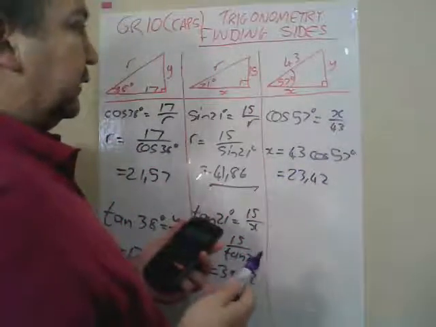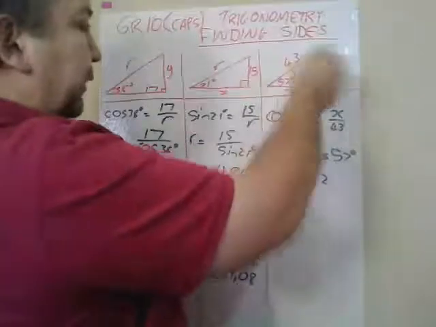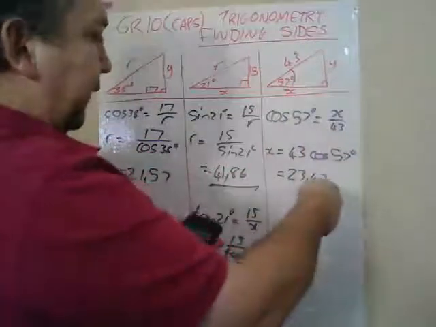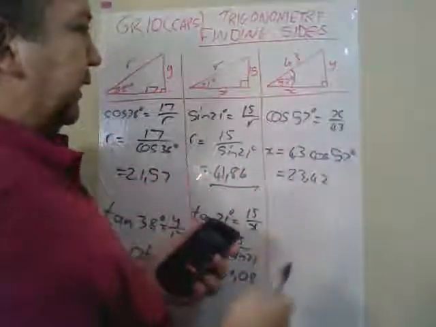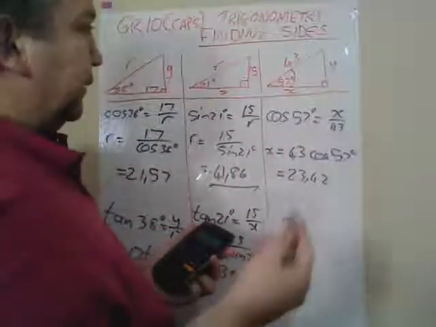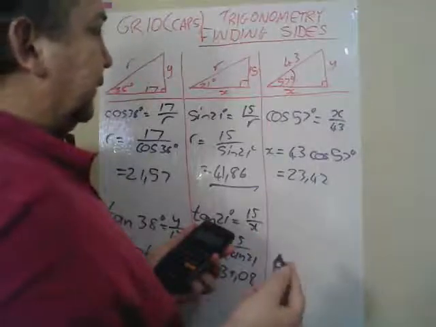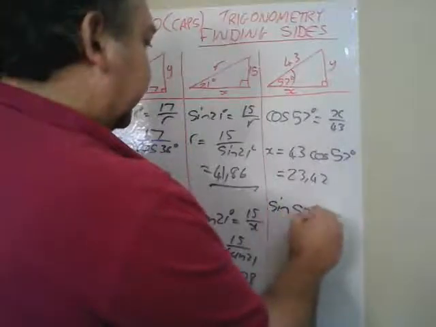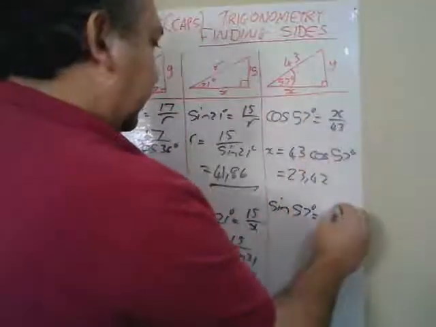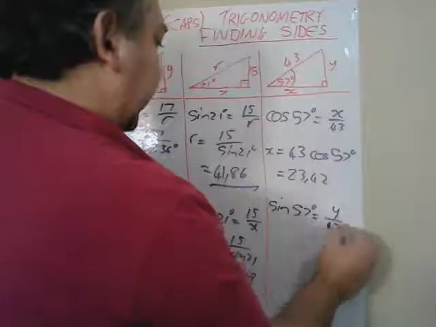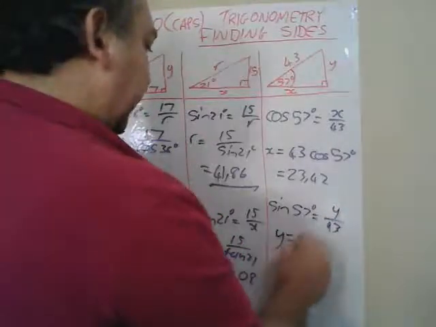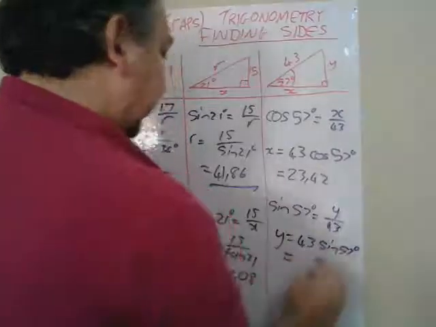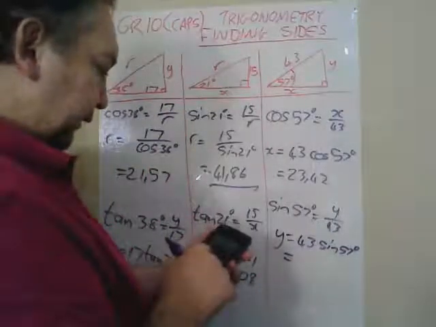Okay, so we've got the hypotenuse and now we have the adjacent, but I'm just going to stay with sin and say sin of 57 degrees is equal to y over 43. So y will be equal to 43 sine 57 degrees, which will give us 36,06.